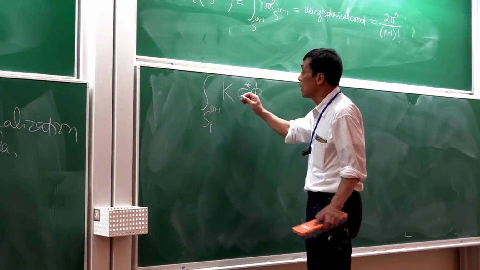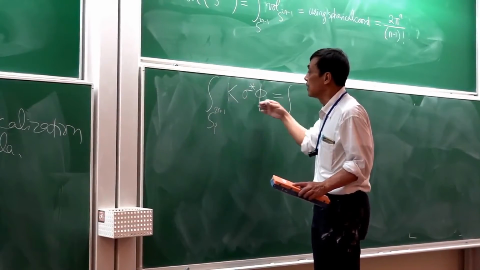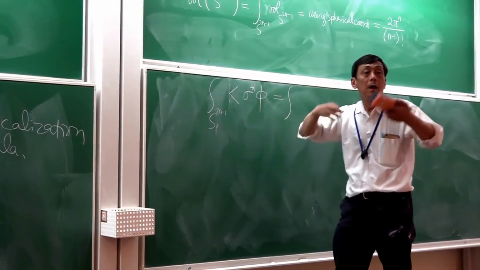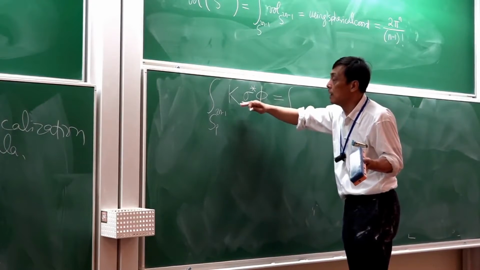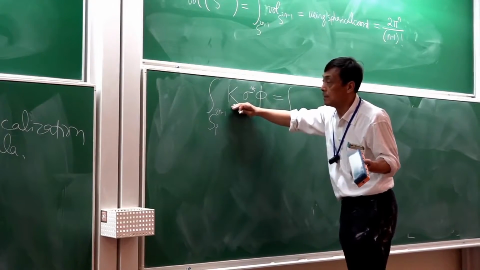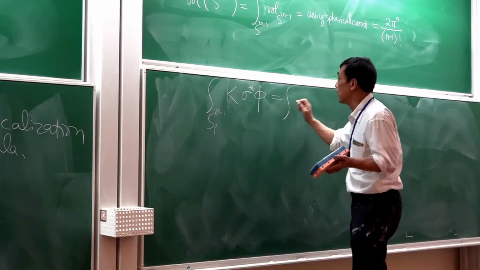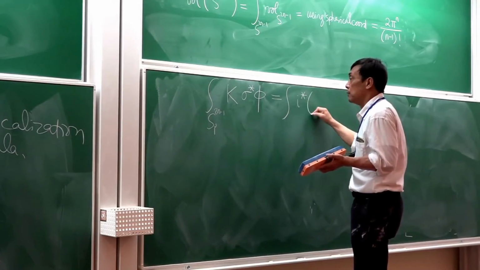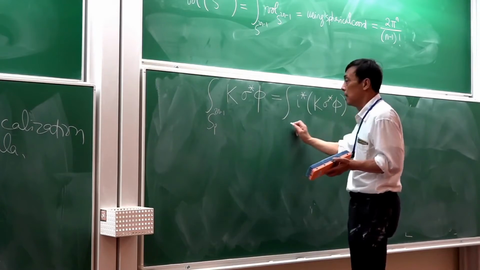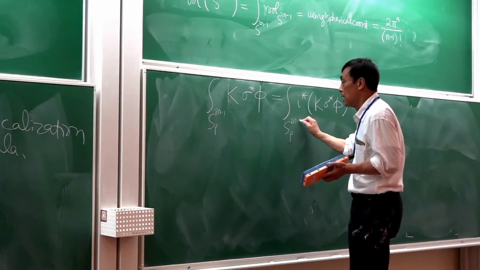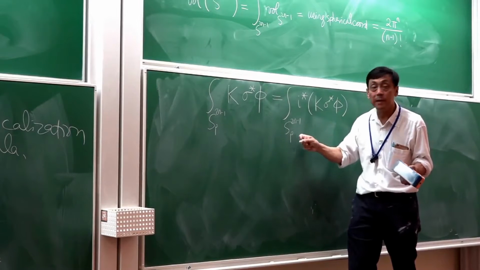Now, what this means, this K is actually defined on the entire manifold. So when you say I integrate this thing to a submanifold, what I mean is that I restrict, and then I integrate, right? When I restrict, then it becomes a form here.